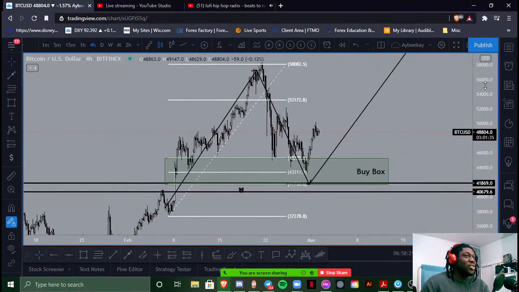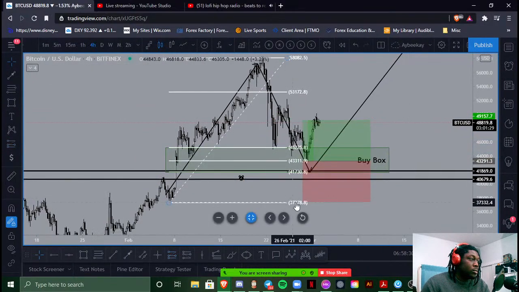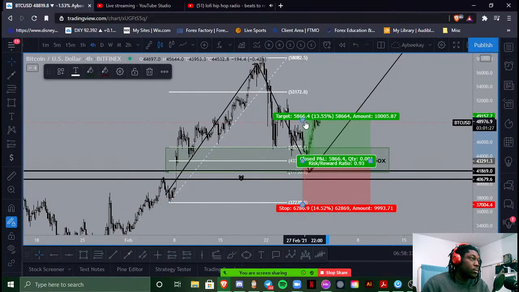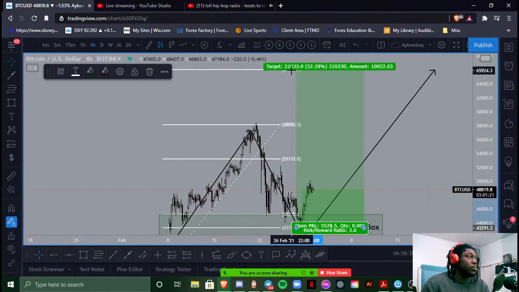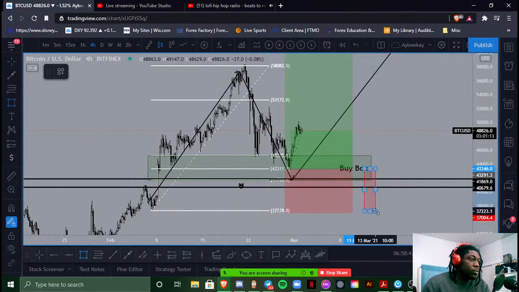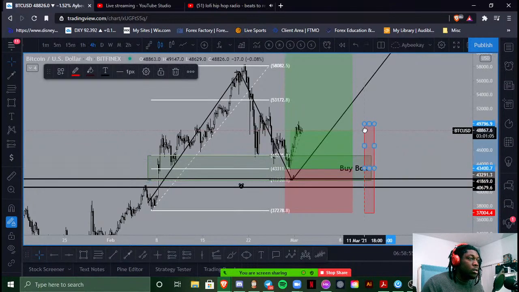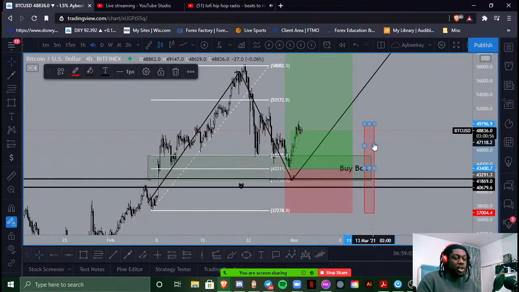If I would have gotten into this trade, let me see if my stop loss would have been at break even. Oh, my stop loss would have still got hit at break even, and I would have been taking 50% profits. It's unfortunate. It is what it is, though.